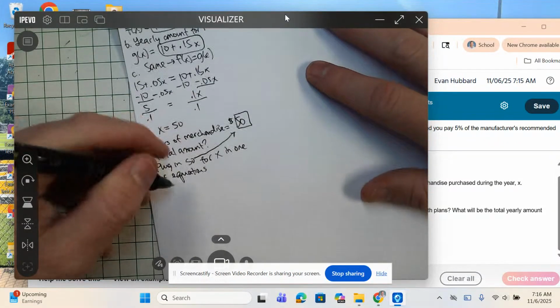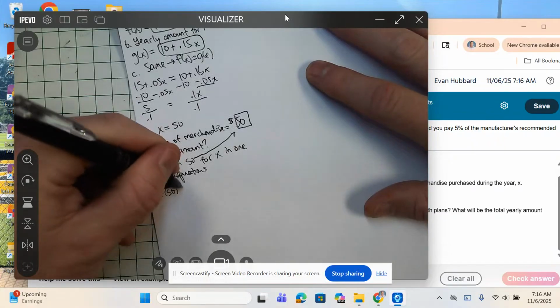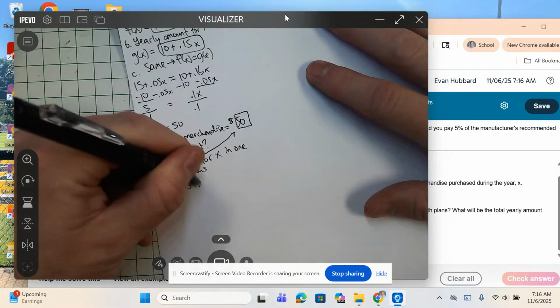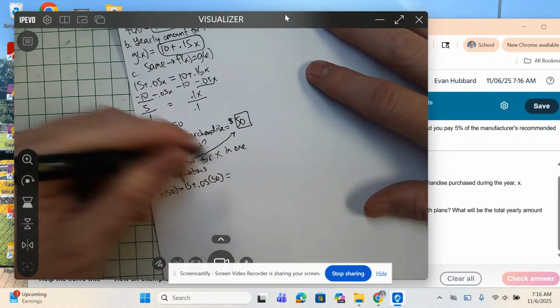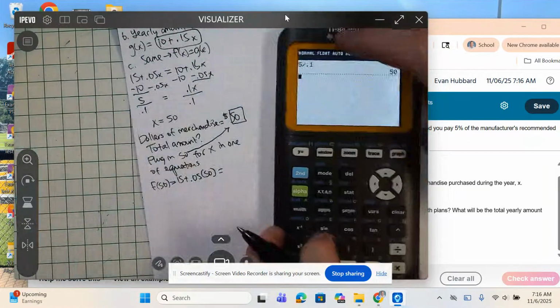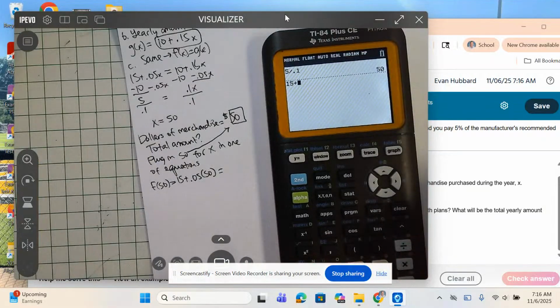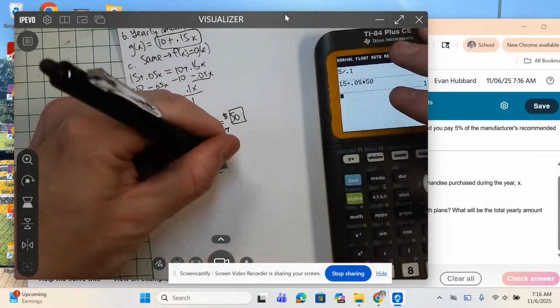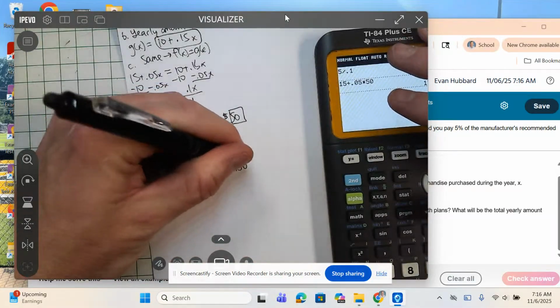So I'll just do the top one. So f of 50 is equal to 15 plus 0.05 times 50, and that equals $17.50.